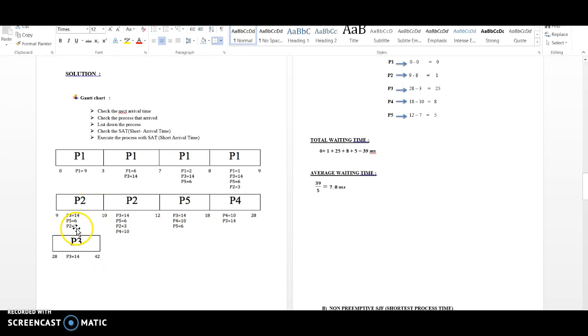Because the shortest burst time is 3. So we use P2. So at 10 we list down and P2 remains the same because 3. So we cut here: P2, 12, 18. So 12 to 18 is P5.